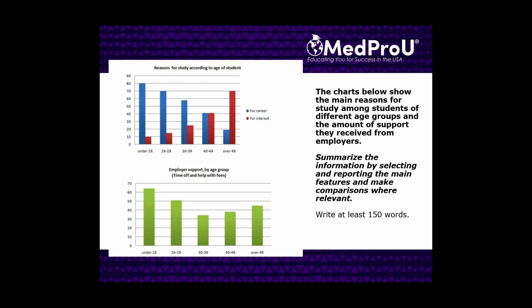Okay, so that's a lot already. Now, after the introduction comes your overview. So what can you say about the overview? Who studies for career and who studies for interest?